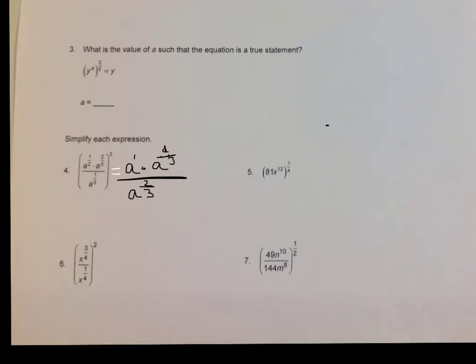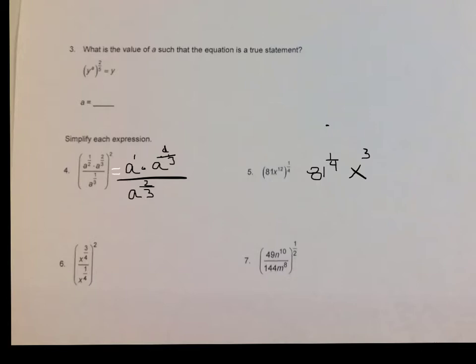Number 5, you should have gotten 81 raised to the power of 1/4 times x to a power of 12/4, which is 3. Now from here, this is tricky.